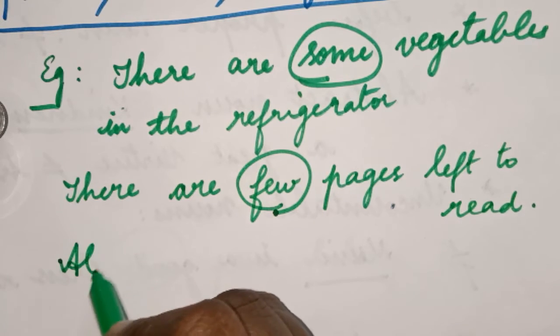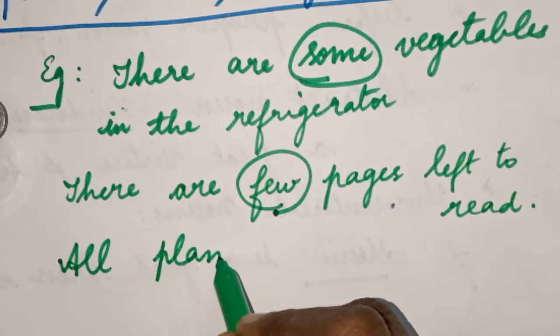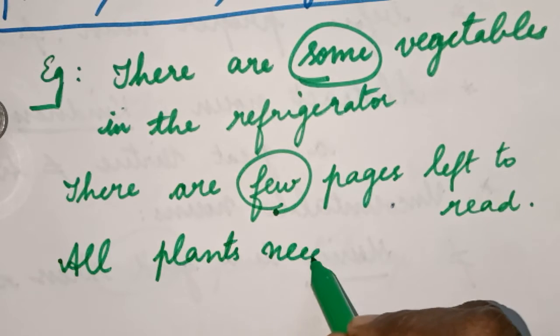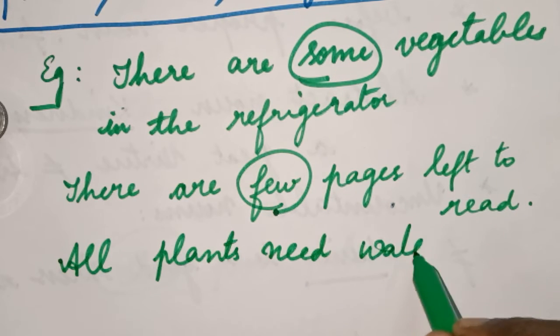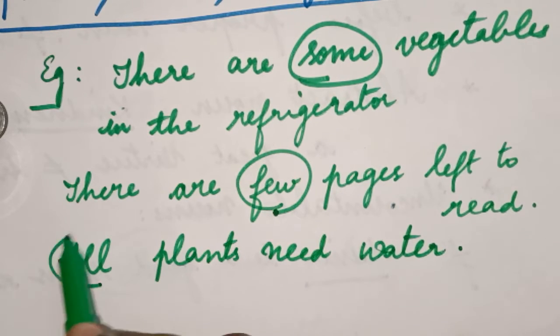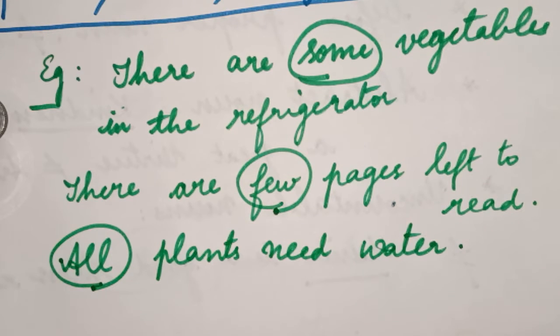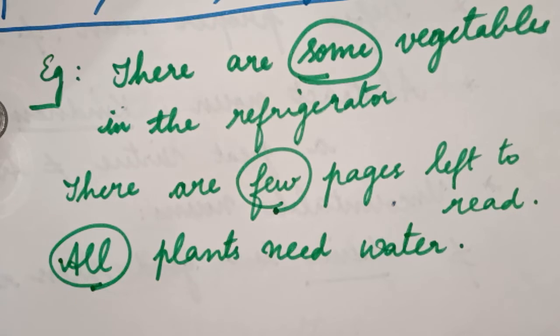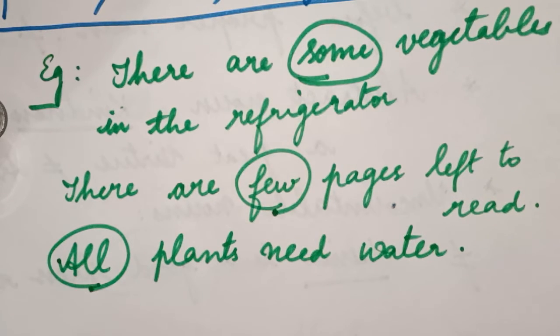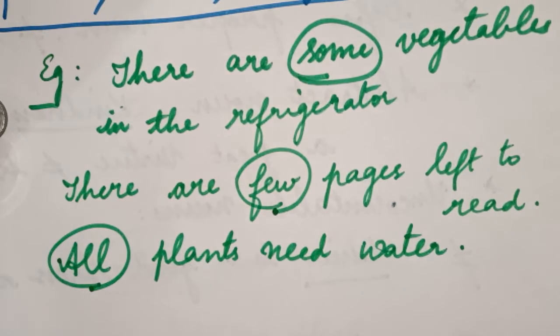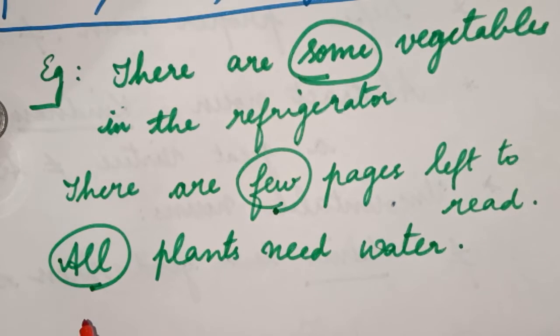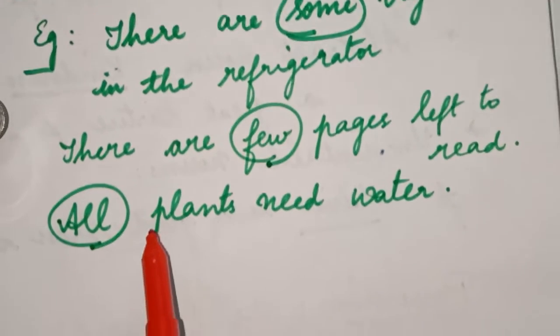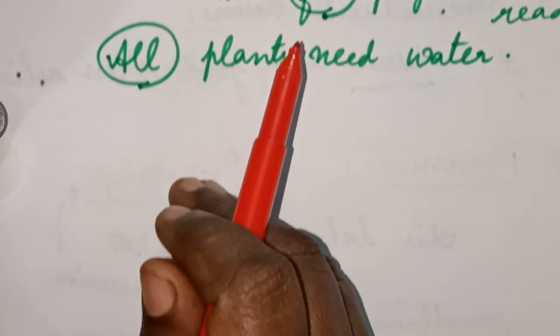All plants need water. How many plants need water? All plants need water. So all is again a quantifier. Understood? Quantifiers determine the quantity or amount of something. They answer the question how much or how many.